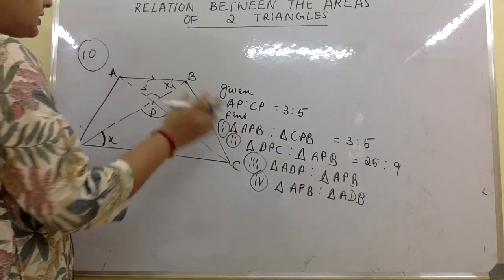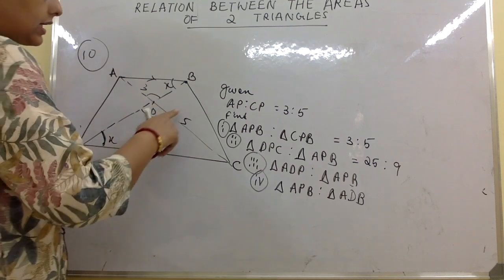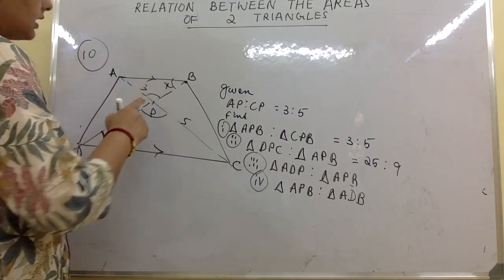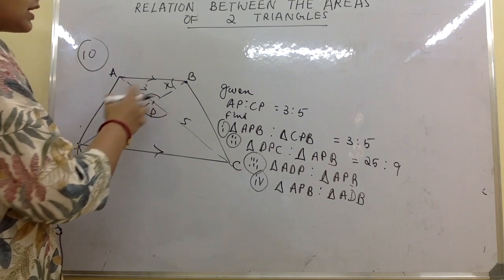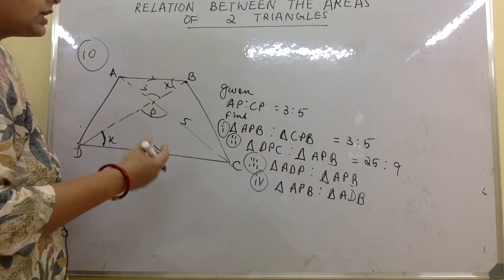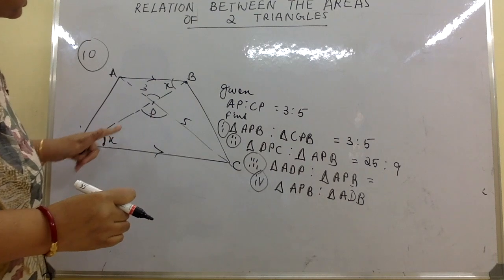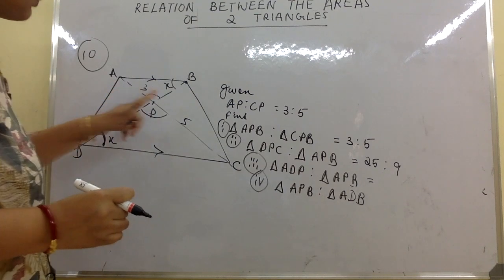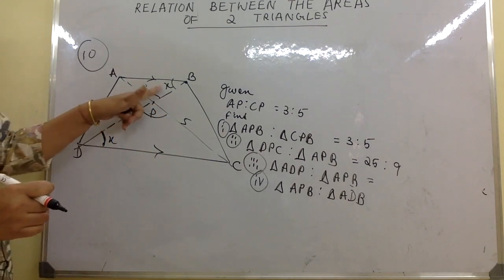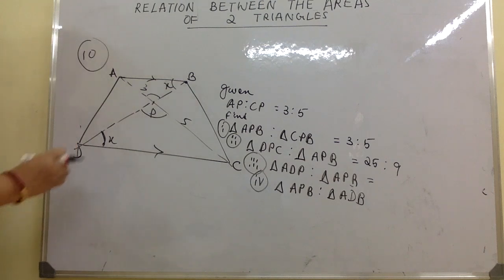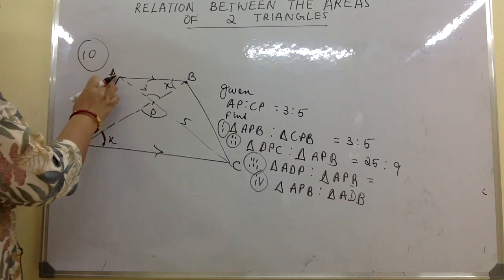Okay, ADP and APB. Now this is this triangle, and APB, this is this triangle. So these two triangles are ADP and APB. Again, we'll have to understand that this is a common vertex question.